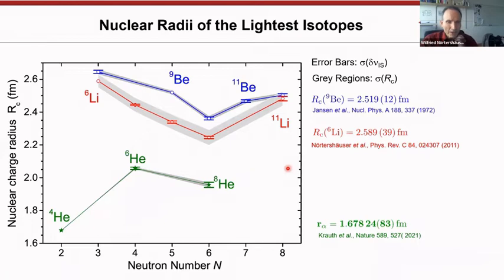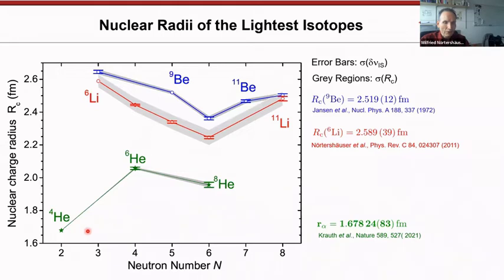Now, let me remind you quickly of what has been done on the lightest elements on nuclear charge radii, besides hydrogen, so the proton and deuterium. This was covered excellently yesterday by Randolph.